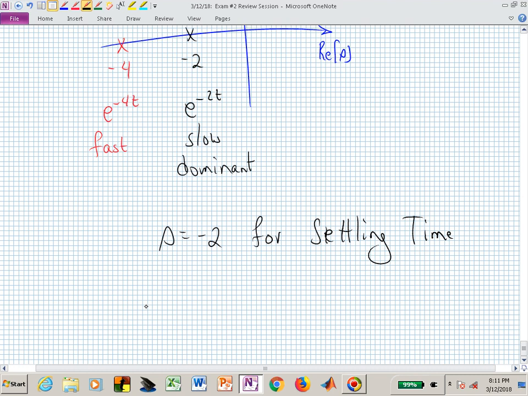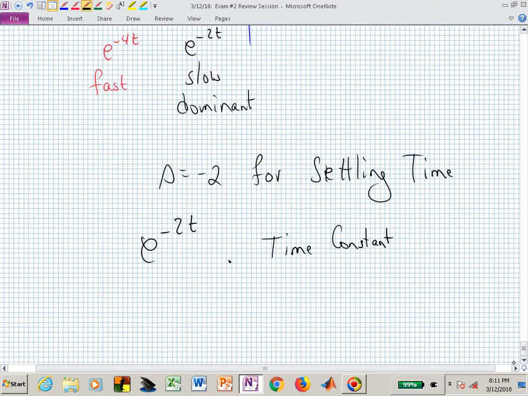So now you would say e to the minus 2t, and what's the time constant for this guy? When is it equal to e?